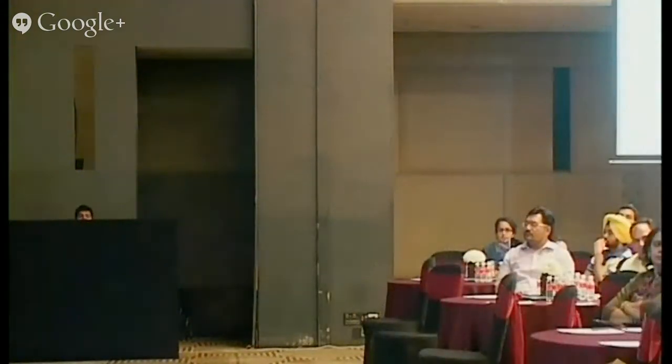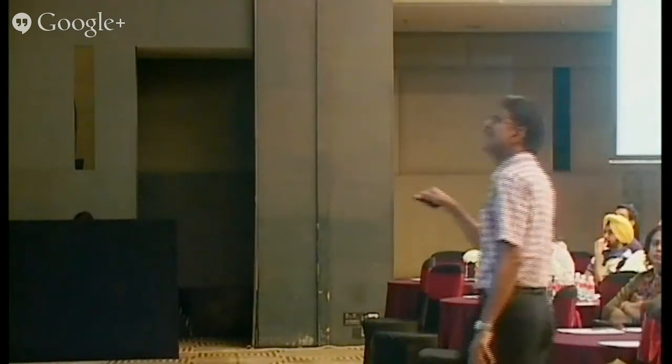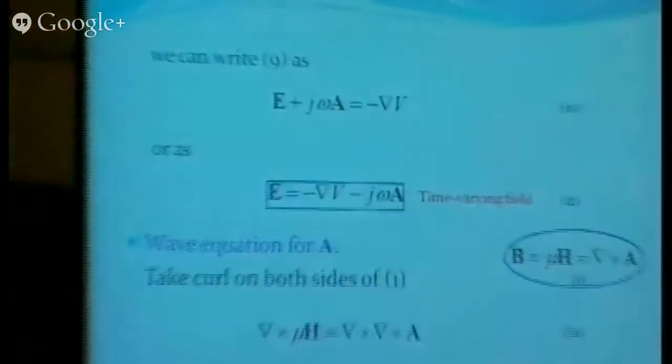Again, it is important to recollect: when you look at this equation, what are E, B, J and all, we are trying to say that fields can be determined using potentials. And here what we have done is to write E in terms of the electric scalar potential and the magnetic vector potential. For the static case, the electrostatic case, we just get E is equal to minus del V.